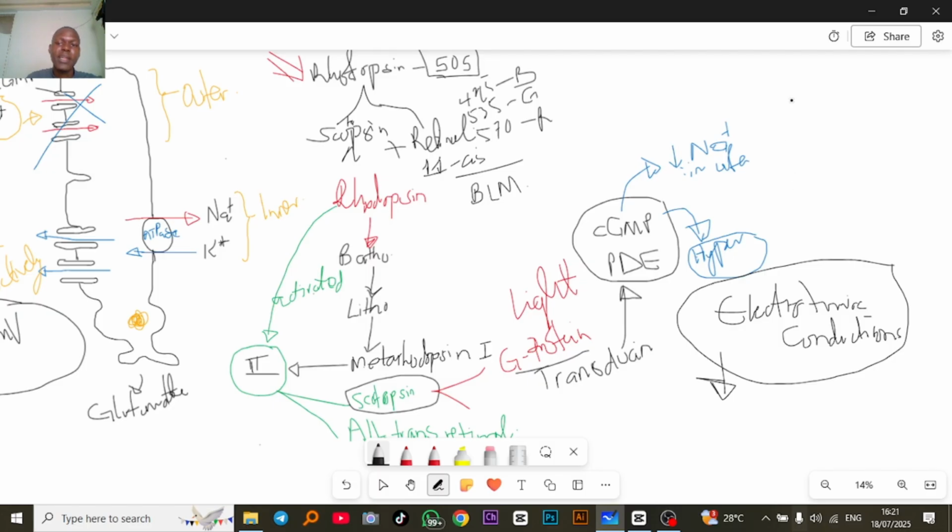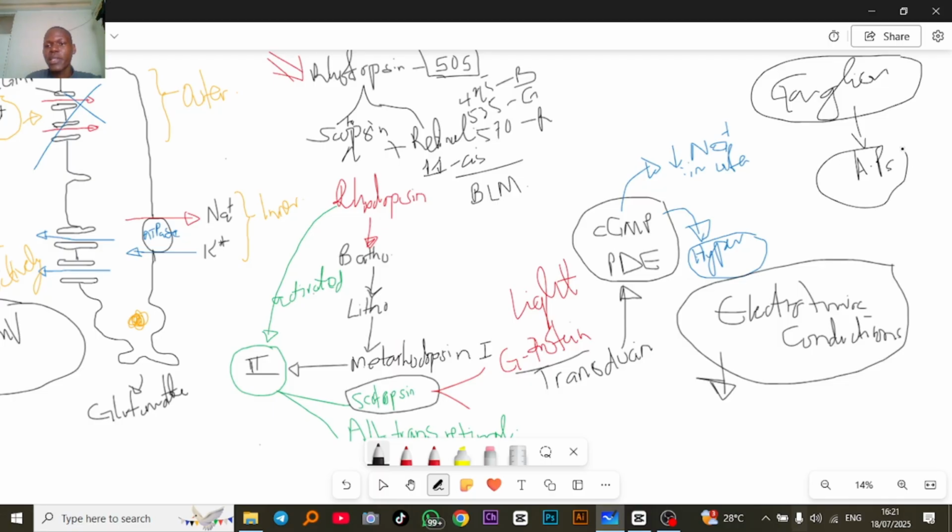So that's how these signals will be transferred as electrotonic conductions. However, when we reach the ganglion cells, in the way we looked at the structure of the retina, they differ from these other cells in that they will now generate the action potentials.